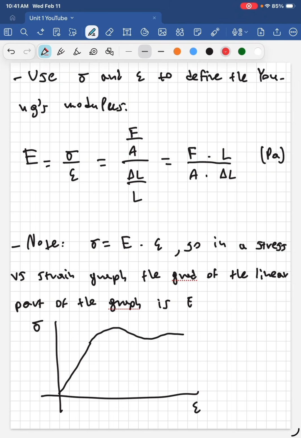But in the linear region, linear means straight line, the gradient is equal to the Young's modulus.